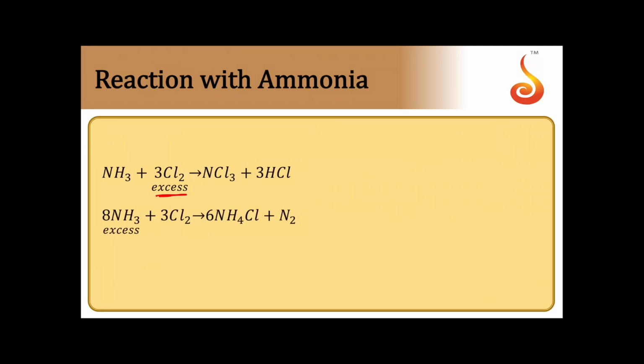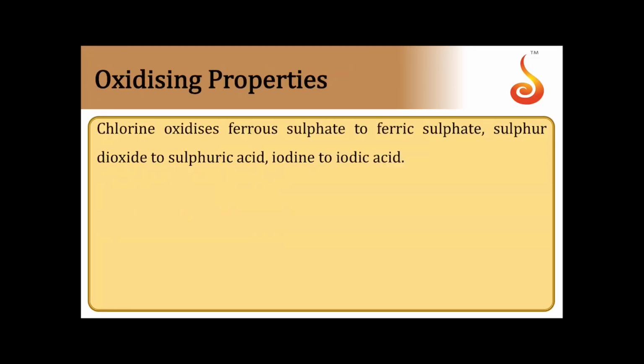If you take excess chlorine with ammonia, we get NCl3, an unstable compound, and HCl. If you take excess ammonia, the same chlorine gives rise to ammonium chloride and liberates N2 gas. So excess chlorine gives NCl3 and HCl; excess ammonia gives ammonium chloride plus N2 gas.